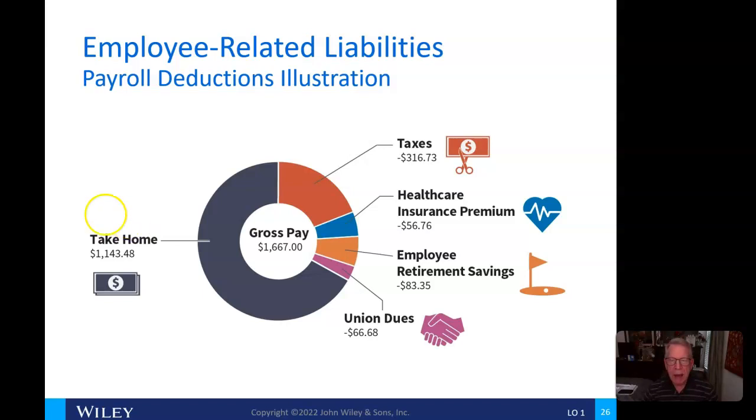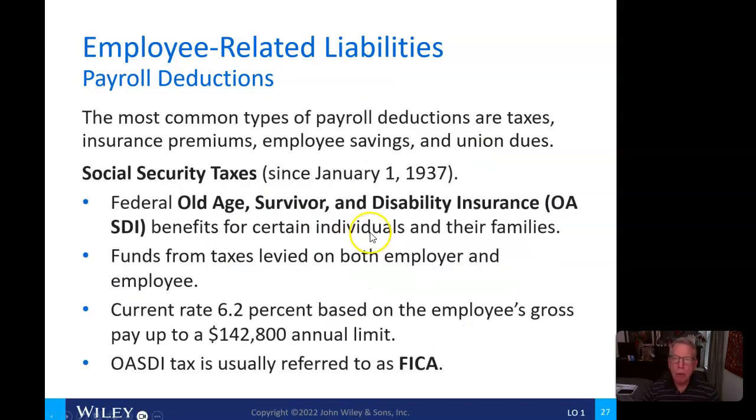Now, when we reduce our gross pay here by $1,667 by these taxes and healthcare and so on, that gives us our take-home pay. So let's look at how we account for that. The most common types of payroll deductions are taxes, insurance premiums, employee savings, and in some cases, union dues.